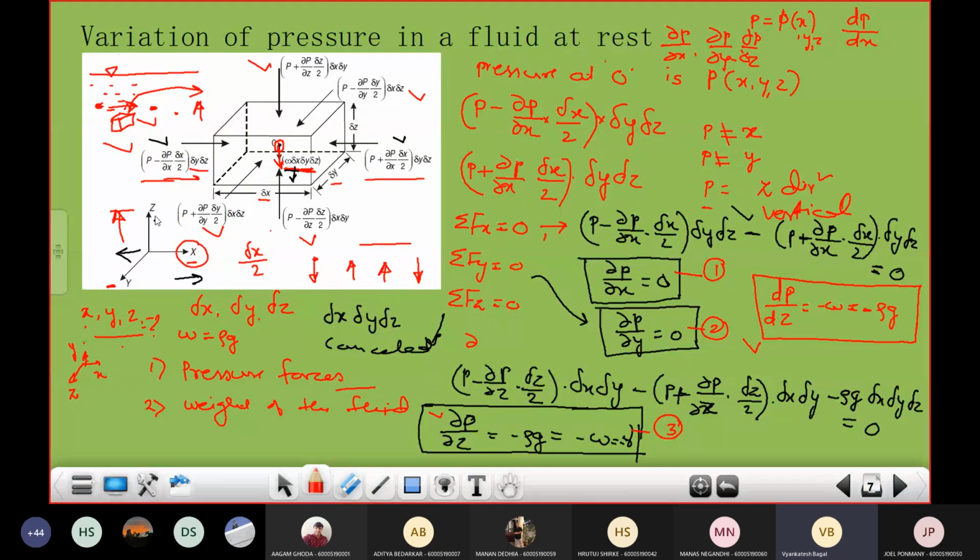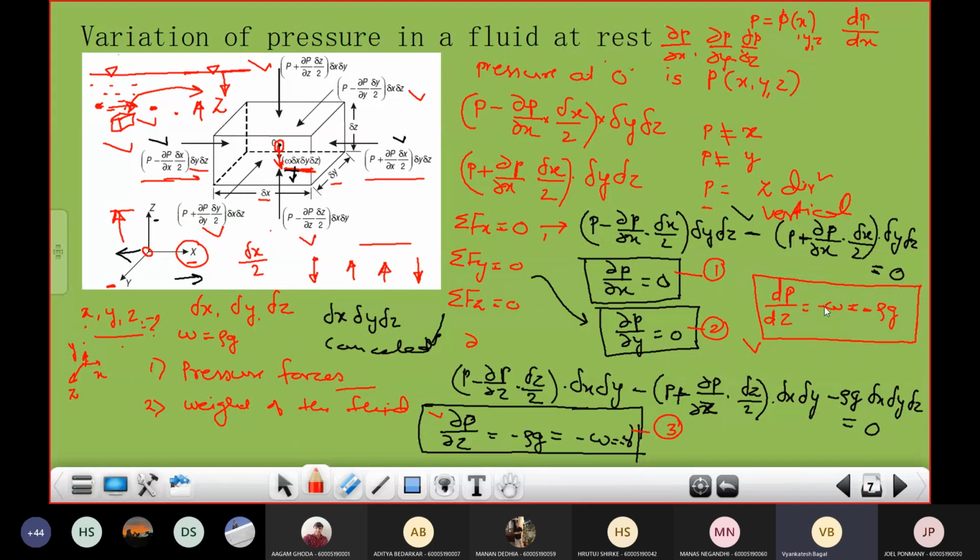So suppose I change the sign convention. Instead of taking the origin here and measuring z in the upward direction, if I measure z in this direction, with this as my reference free surface, it means the downward dimension I am taking as positive.